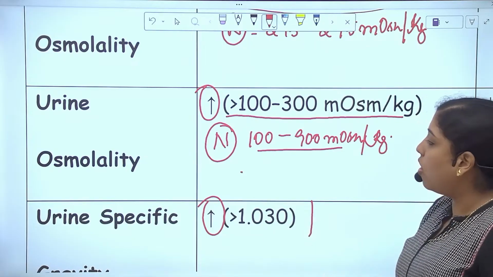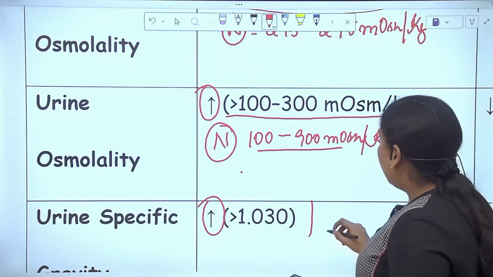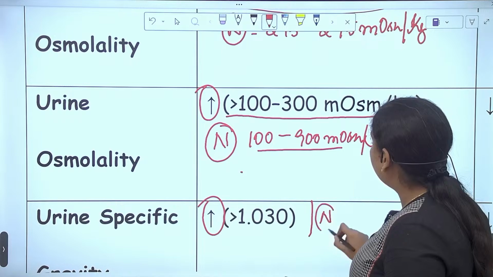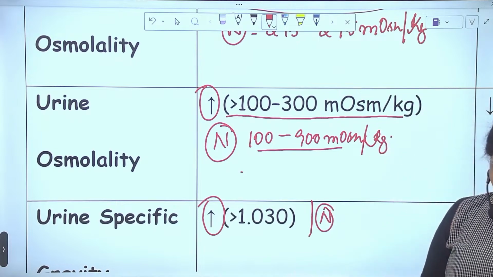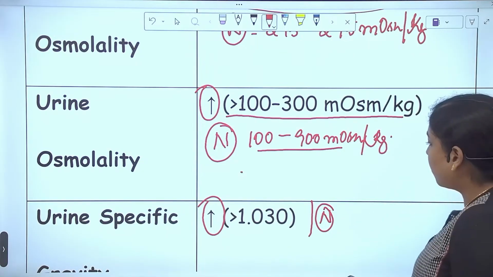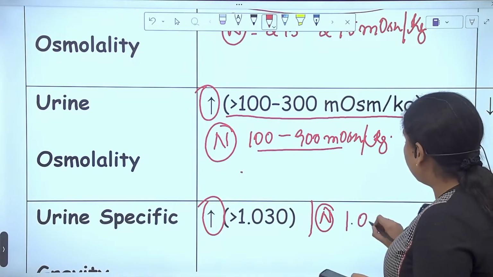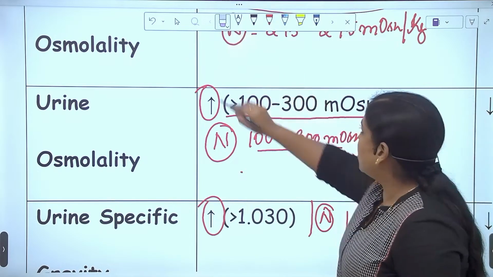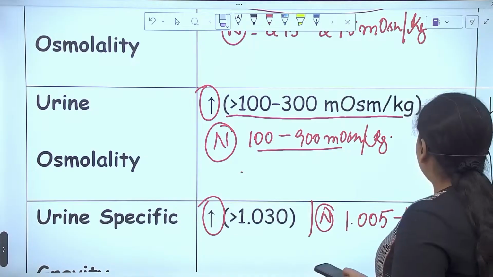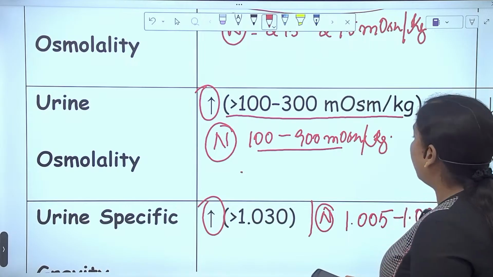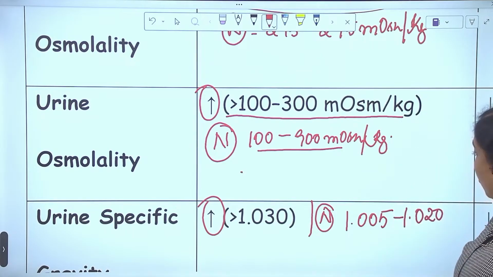Now tell me, what is the normal urine specific gravity? It is 1.005 to 1.020, right?